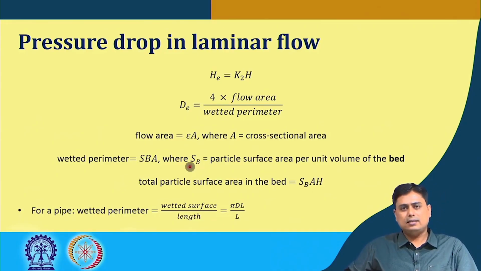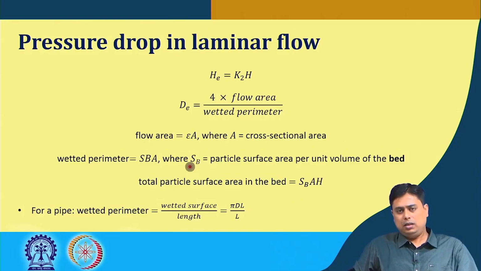So, if that is the surface area per unit volume of the bed, okay, then the wetted perimeter is basically that multiplied by the cross sectional area.